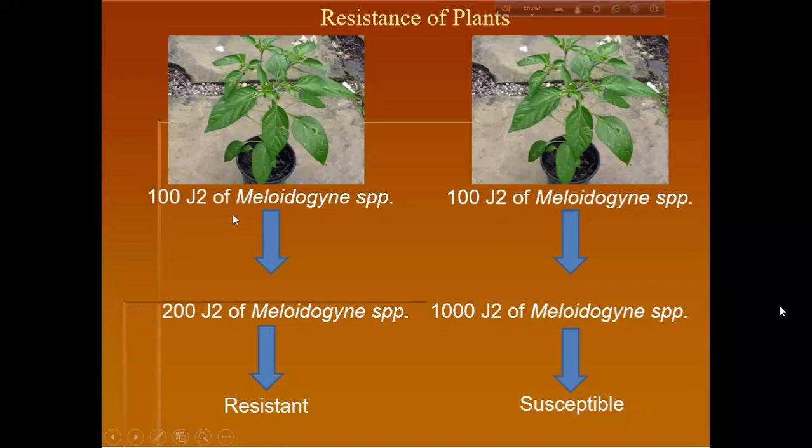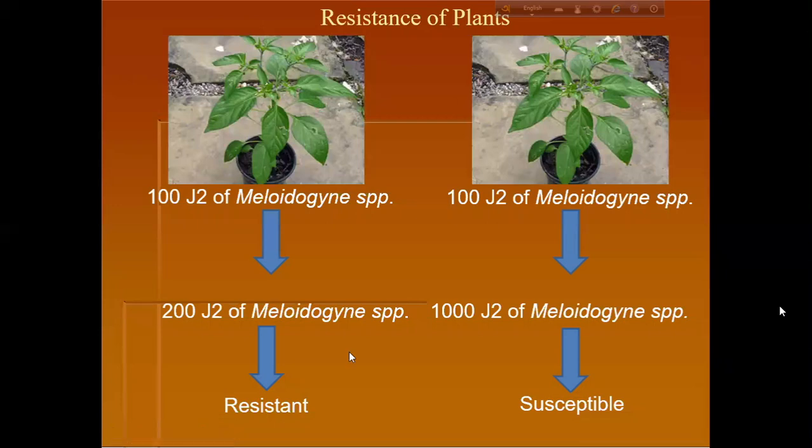Let's say we inoculated 100 root knot nematodes to this plant a month ago. And similarly, we also inoculated 100 second stage juveniles of root knot nematode in the right-hand side plant one month ago. So both plants were infected by 100 second stage juveniles of Meloidogyne species one month ago.